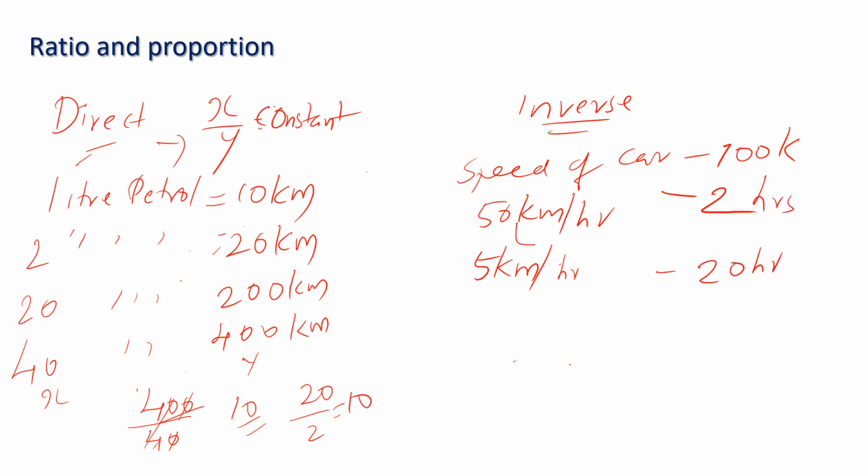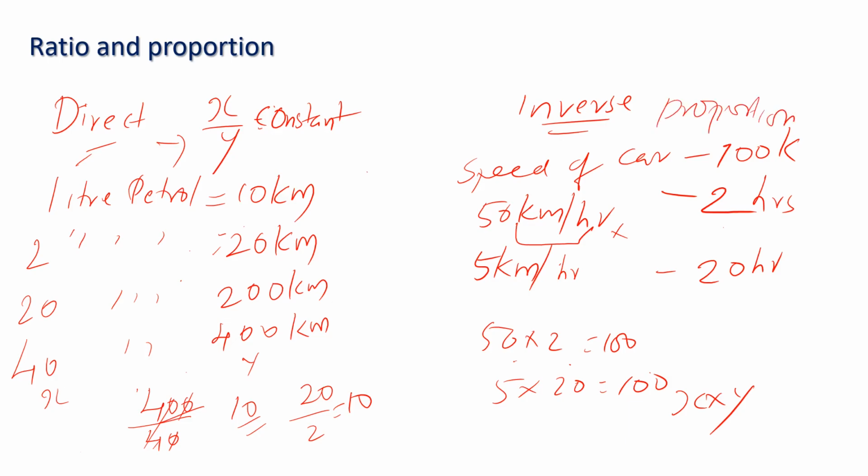But here you can see if you multiply this data with this, 50 into 2 is equal to 100, 5 into 20 is also equal to 100. Here the product is constant. X into Y is constant in this case. This is an example for inverse proportion, inverse variation. This is an example for direct proportion.